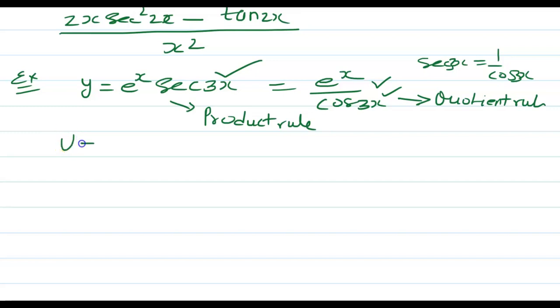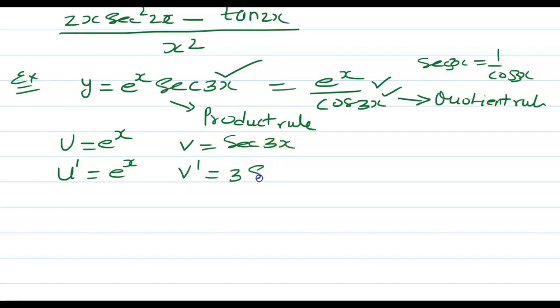So here u is e to the power x, u dash, the differentiation of e to the power x, will be e to the power x. v is sec 3x, so v dash will be, this 3 is coming forward, and d over dx of sec x is sec x tan x, so it will be 3 sec 3x tan 3x. So the product rule is u v dash plus v u dash.